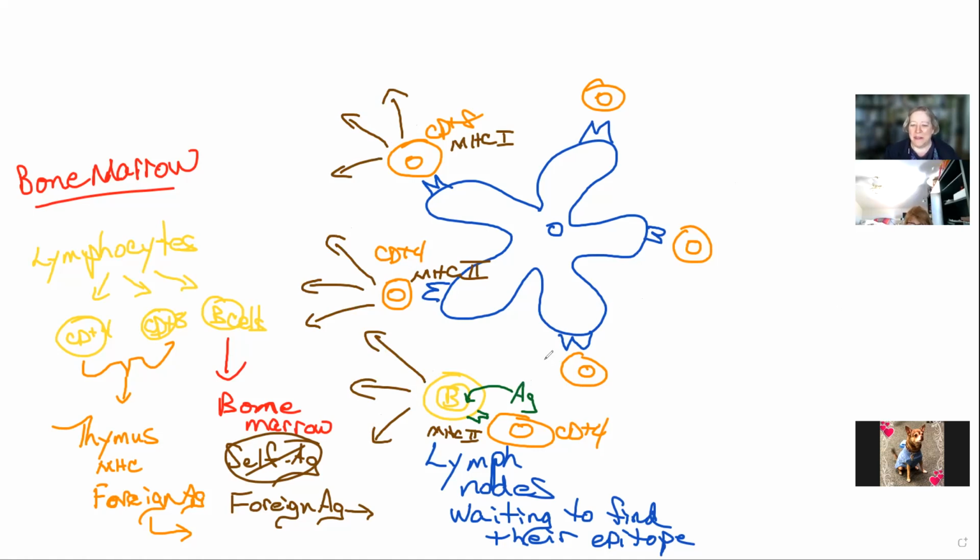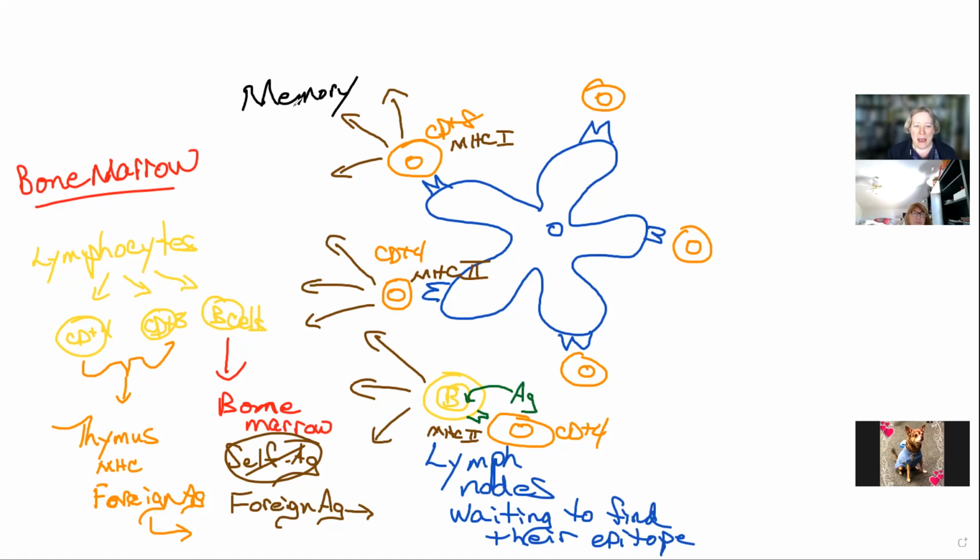So they're going to hang out and they're going to go looking, hitting the singles bars, checking out the MHC1s and the MHC2s being displayed on the dendritic cells in this case. Okay. All right. And just as a reminder, when they undergo clonal expansion, okay, they will further differentiate into memory cells.